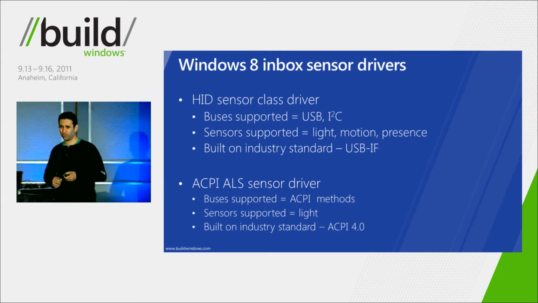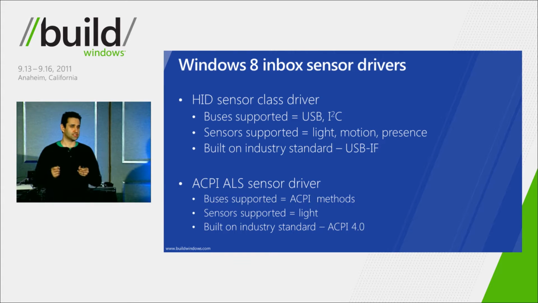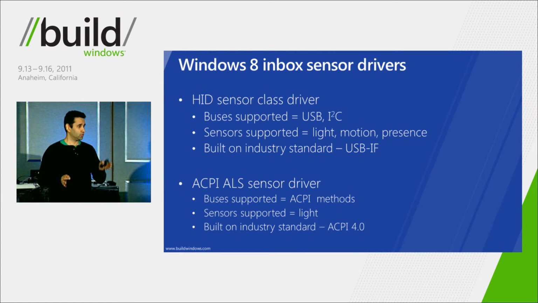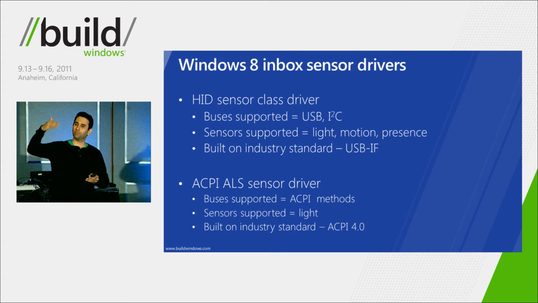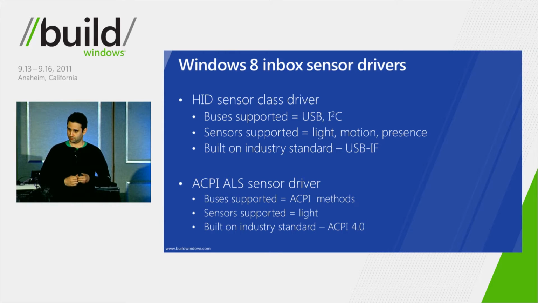There's support for even things like temperature and things like that. But though we support it in a class driver, since we don't know how people will use those in applications, we haven't gone through and put them in the Windows runtime yet. You can, of course, build a regular application that uses Win32 APIs to communicate with those particular sensors.